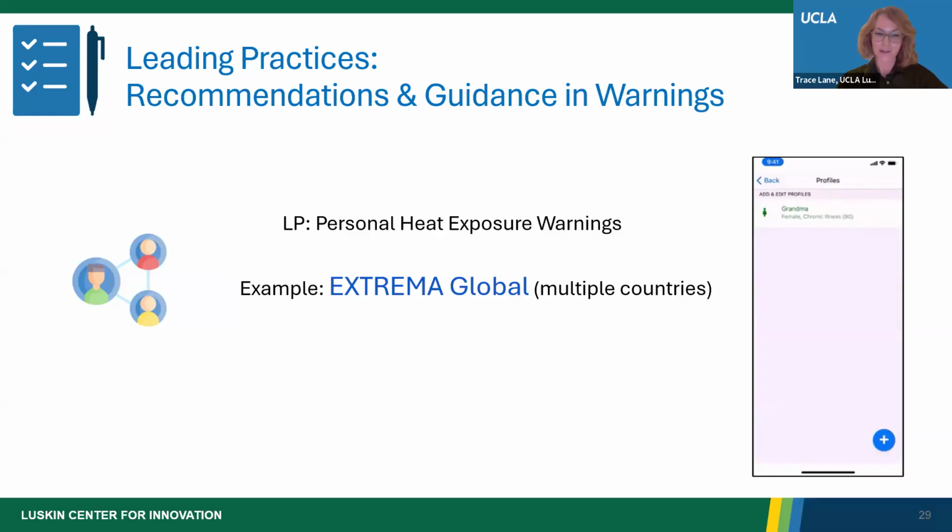This could be very helpful in situations where a heat vulnerable person does not have access to a smartphone, but is within your social network or your family. The user can create a profile for themselves, for their children, grandparents, friends, and then when they receive an alert for the person, they can physically go and check on that person. Next slide.